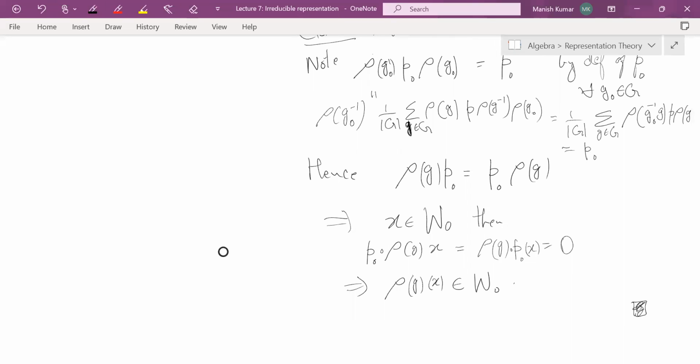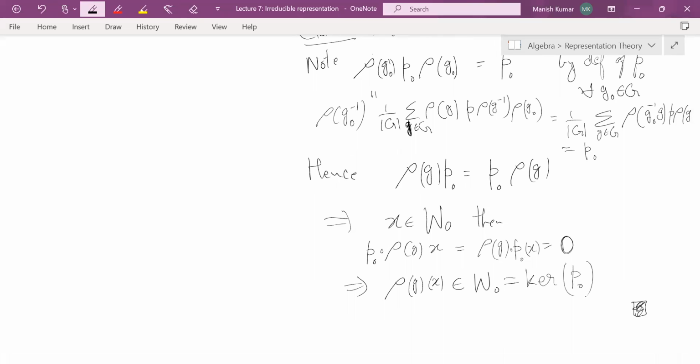So I had something wrong with it. This implies rho g of x is in W0, which is the kernel of P0. I replaced W0 by W in my head.